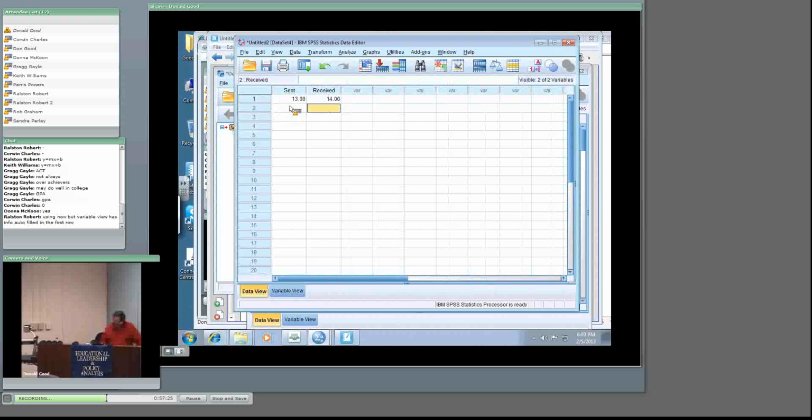Person number two happens to be Steve. Steve sent 9 cards. He received 18 cards. And so forth. Mike with 7 and 12. Next one is 5 and 10.